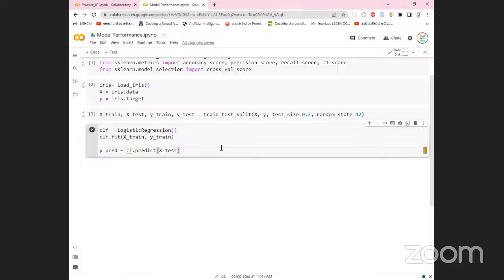What this is doing is loading the algorithm model, then passing the training data first, and later, after training the model, passing the test data to get the predictions.